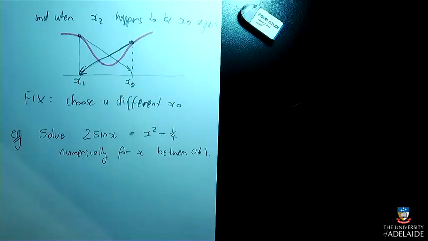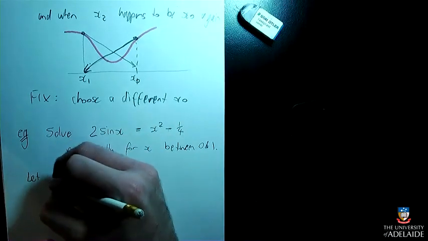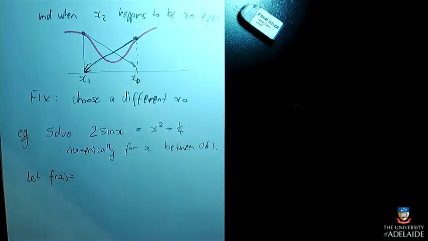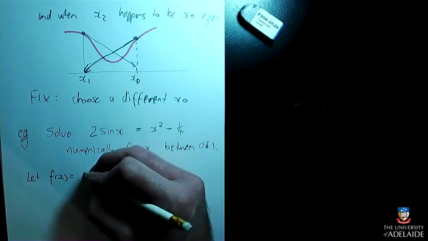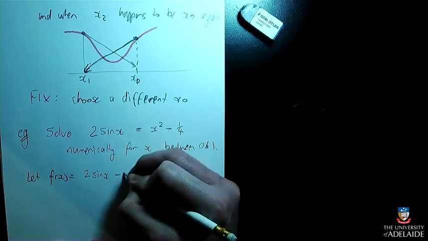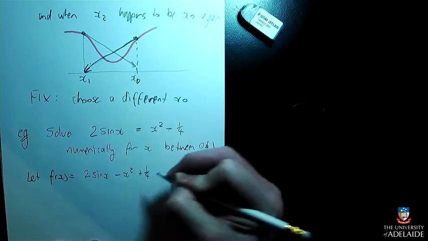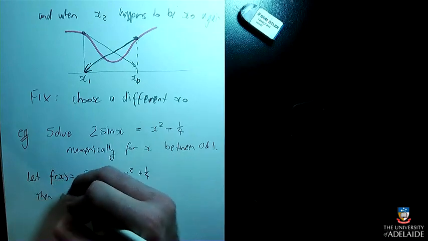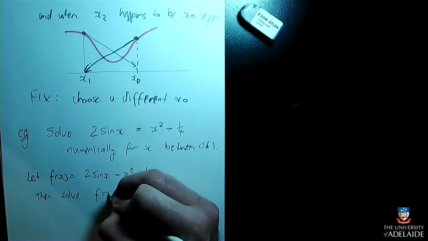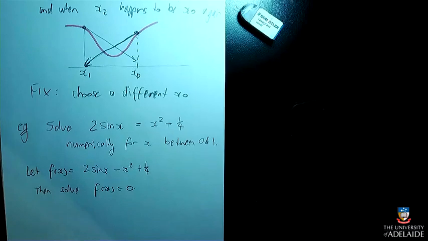We're going to use the Newton-Raphson method, and it only works if we have a function equal to 0. So we want to create a function that's equal to 0, and it seems reasonable to me to do this one. I'm going to solve that, because when that's 0, the original equation will be solved as well.